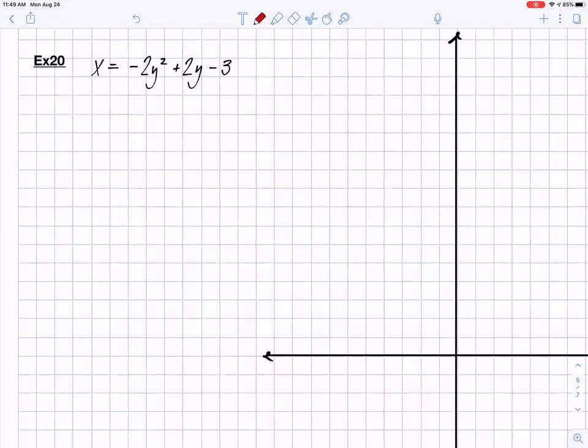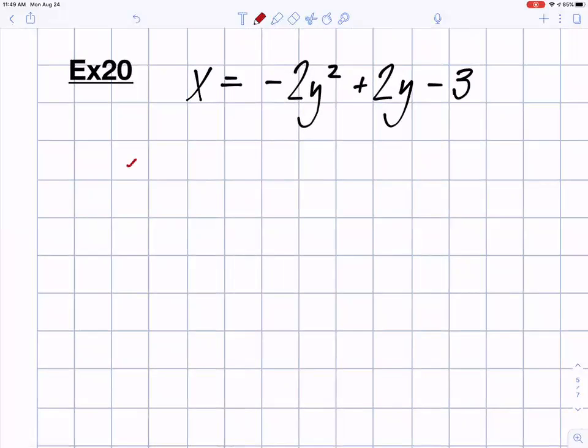So everything that's not a y, get rid of it. Okay, so first thing, over there on the right-hand side, what should I get rid of first? That -3. Okay, so I'm going to have an x plus 3 is equal to -2y squared plus 2y.